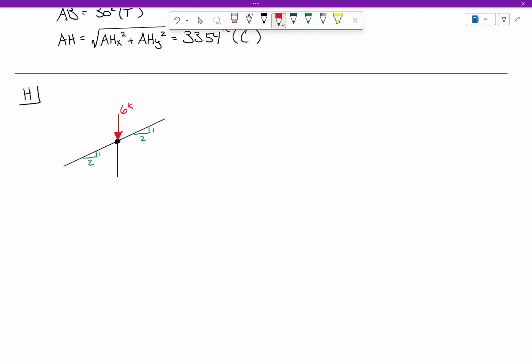Okay. And then, now we chose joint H because it looks like I've got 3 members, but I already know one of them, don't I? I know this one. I know the X and Y components for this right here.